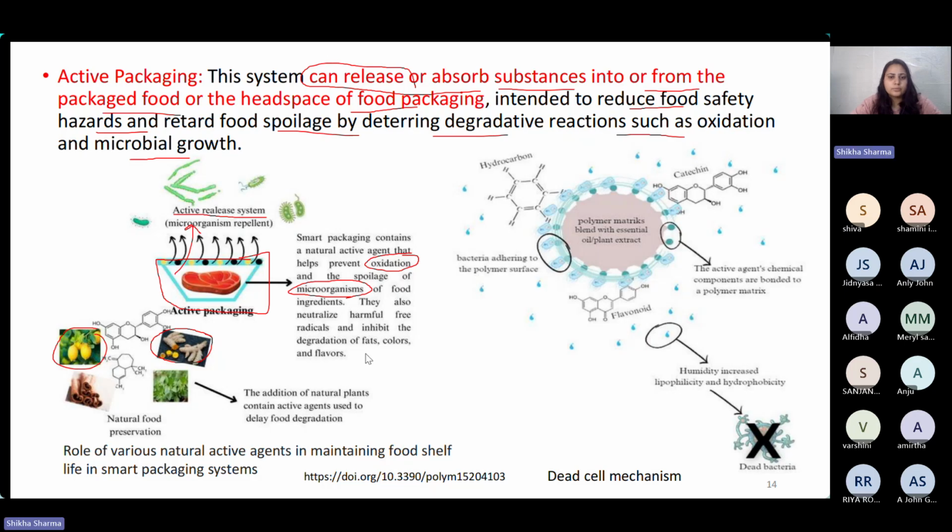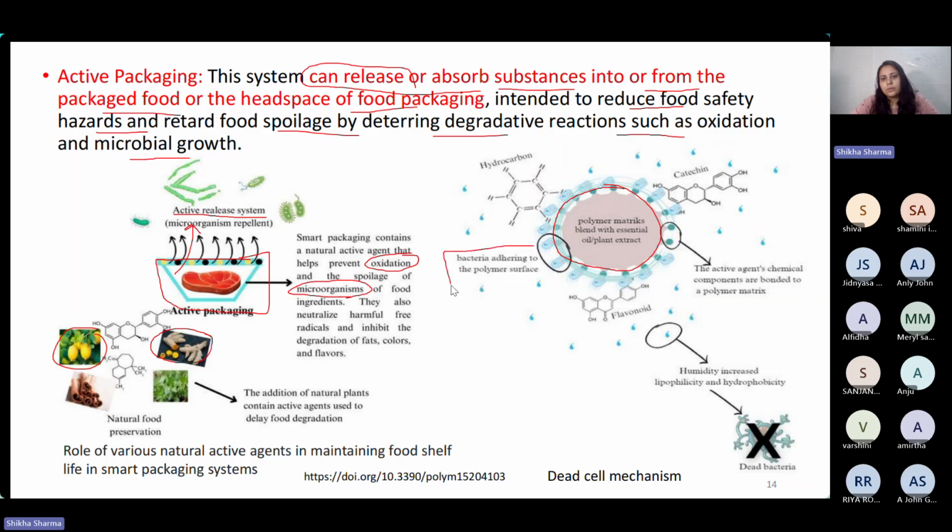So this active packaging will try to keep the food in a fresh state. Here in this diagram, this is the polymer matrix, which is with either the essential oil or the plant extract. These essential oils and plant extracts have the active agents.